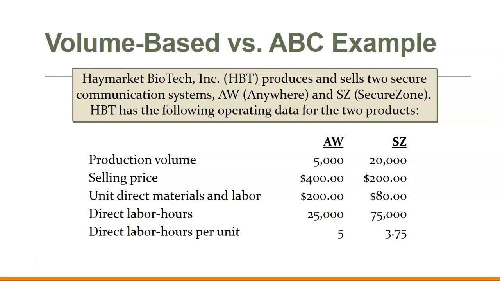So we have information about the two product lines, AW and SC. We have the amount of production: we make 5,000 of AW and 20,000 of SC. The selling price of each unit, the direct materials and labor used, and the direct labor hours used per product line, and the direct labor hours per unit.